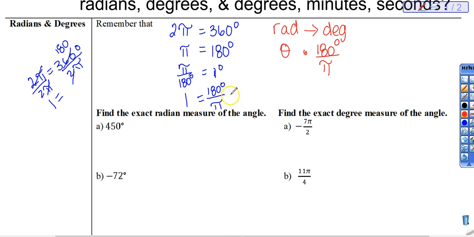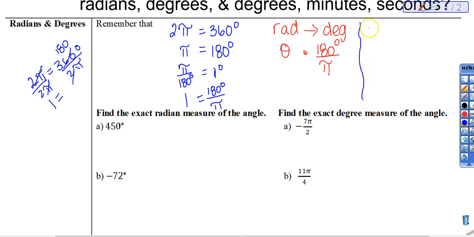It's just this conversion right here: theta radians times 180 degrees over pi radians. Okay, so that'll be the conversion if we're going that way.